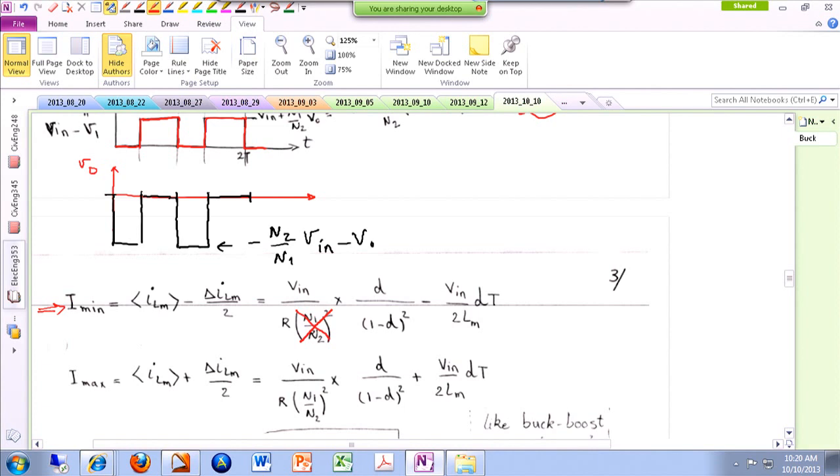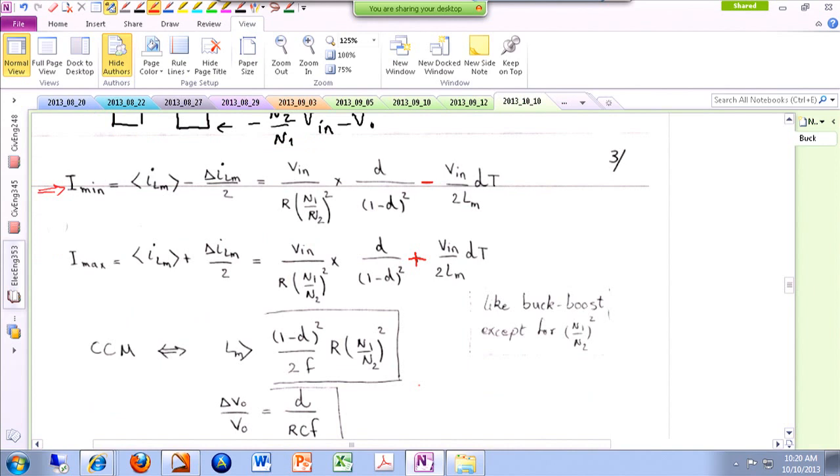The rest is exactly the same as the buck boost topology. Then minus half of the ripple, and the ripple is Vn over 2 over Lm times the duration of the first mode, which is the duty cycle times period. And obviously for the maximum value of the inductor current, the polarity just changes to a positive sign. So everything is very similar to the buck boost.